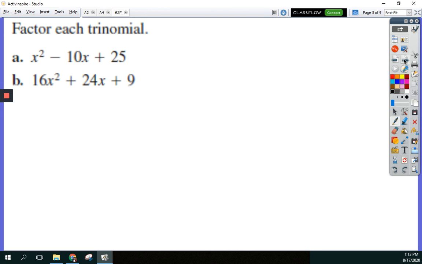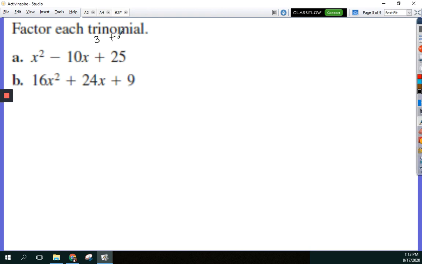All right, so then we have trinomials. So hopefully we recall that trinomials means 3 terms. There are a couple of different methods or ways that we can factor trinomials. And as long as we're showing all of our steps and using correct mathematical ideas and rules, it doesn't matter how we get there.